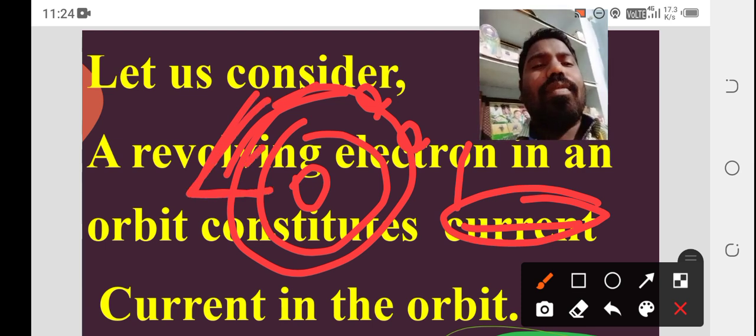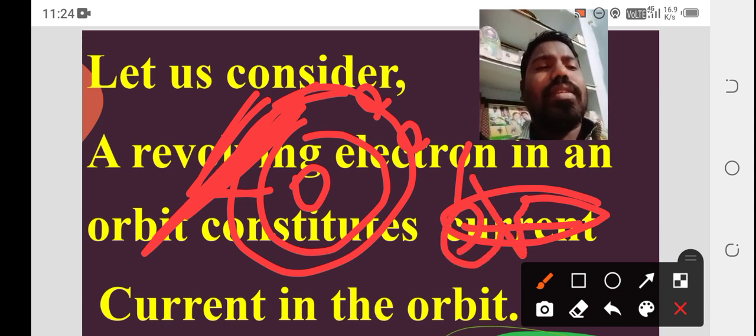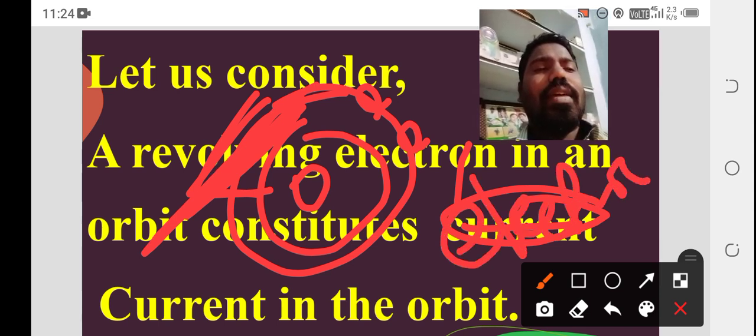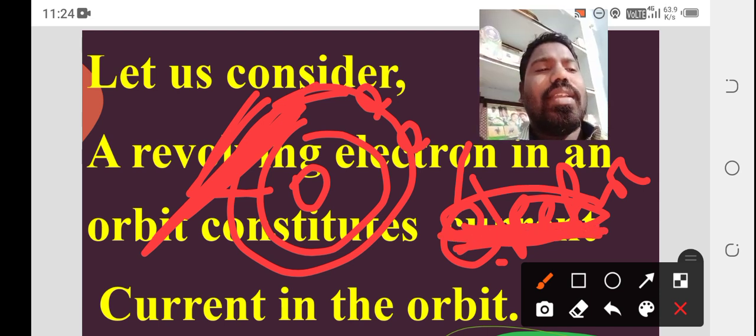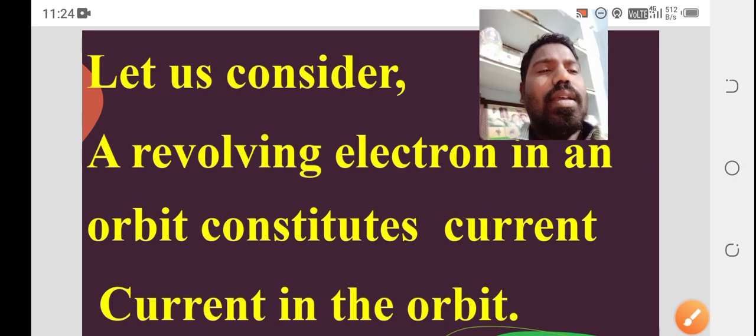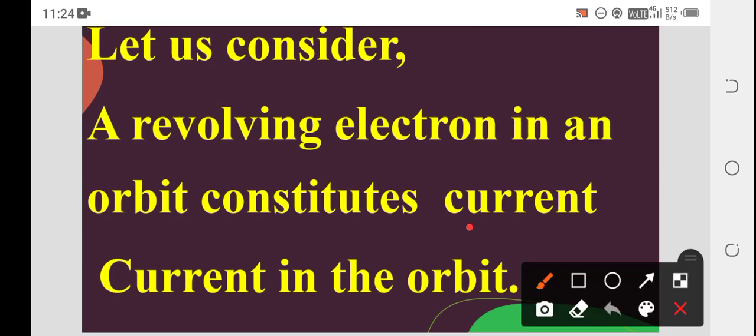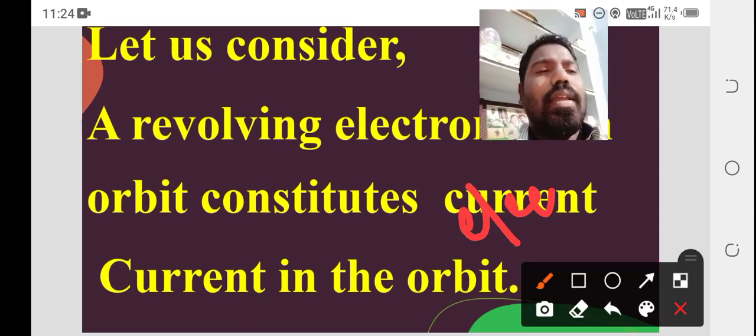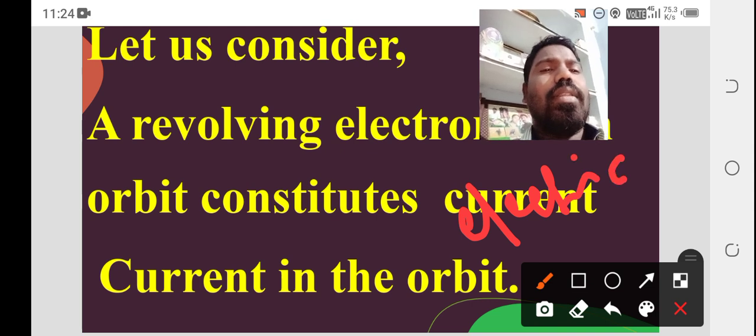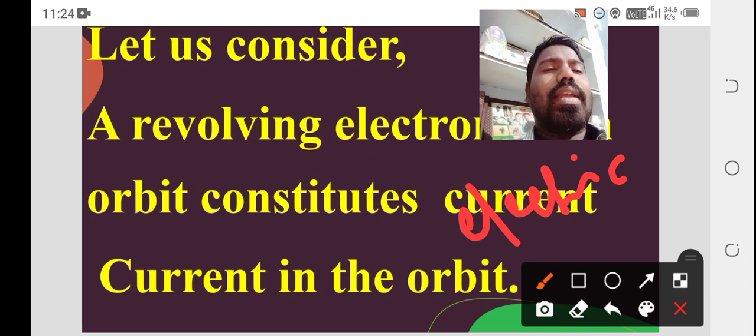The revolving electron consists of electric current. A revolving electron which is revolving in the orbit constitutes electric current in the orbit.